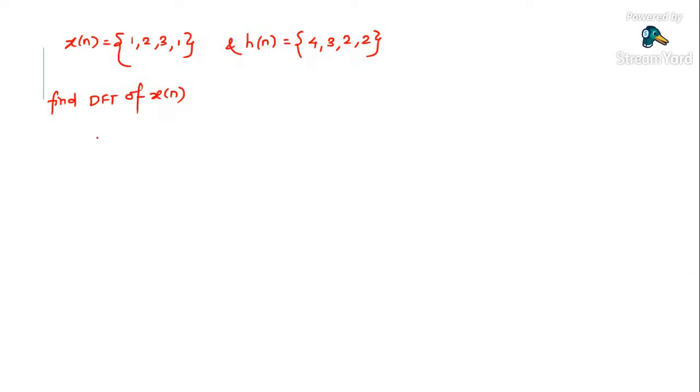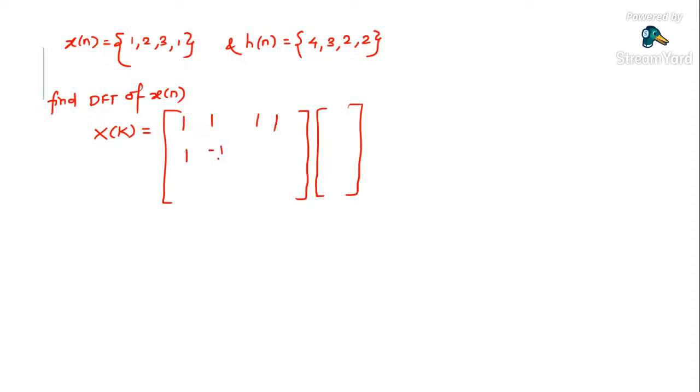Use the matrix for finding the DFT. So X(k) is equal to the DFT matrix multiplied by x(n). The matrix is 1 1 1 1, 1 -j -1 j, 1 -1 1 -1, 1 j -1 -j, multiplied by 1 2 3 1.